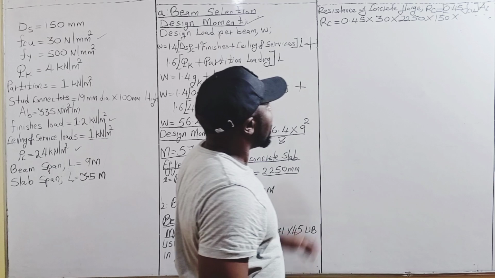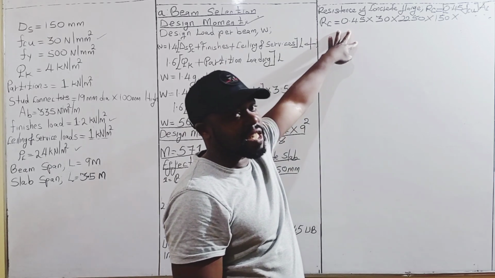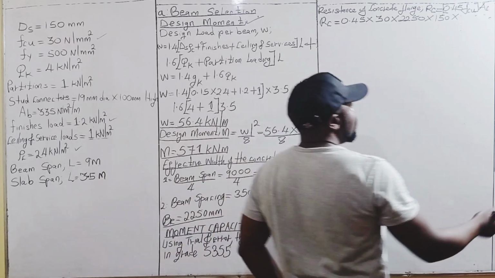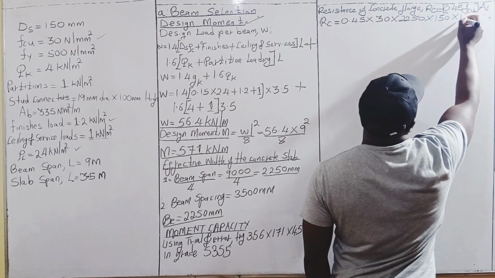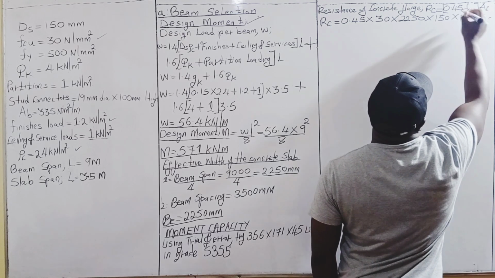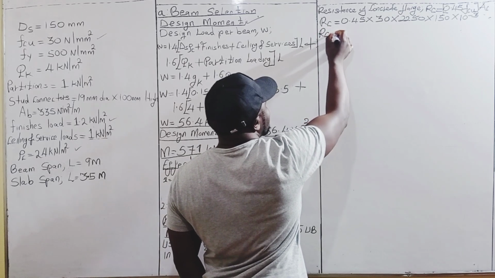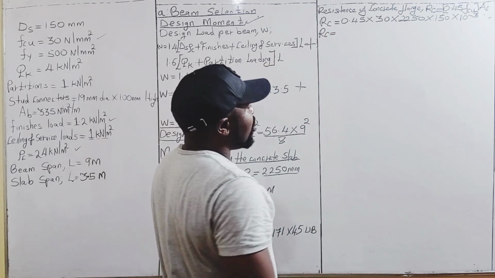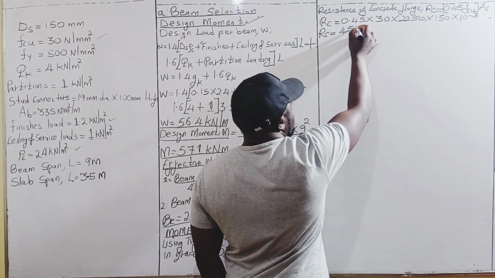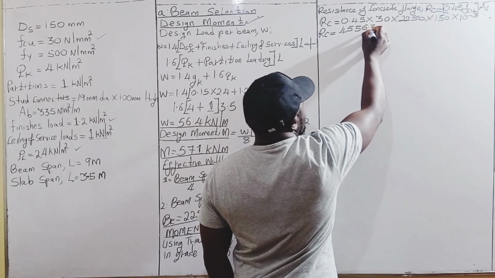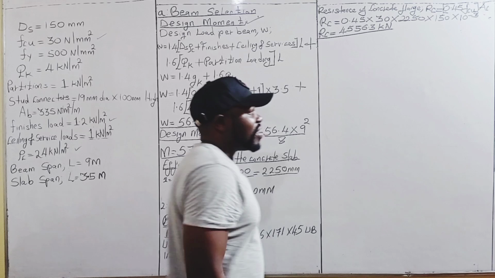We are going to get the resistance in newtons, but to convert newtons to kilonewtons, we divide the whole calculation by 1000, or we multiply by 10 raised to the power of -3. By doing so, we are going to get a resistance of concrete flange of 4556.3 kilonewtons. Therefore, that is the resistance of the concrete flange.